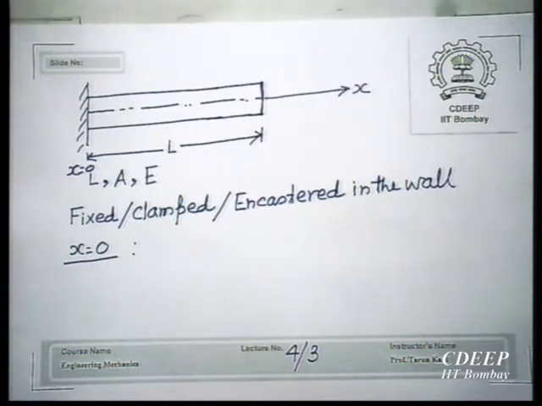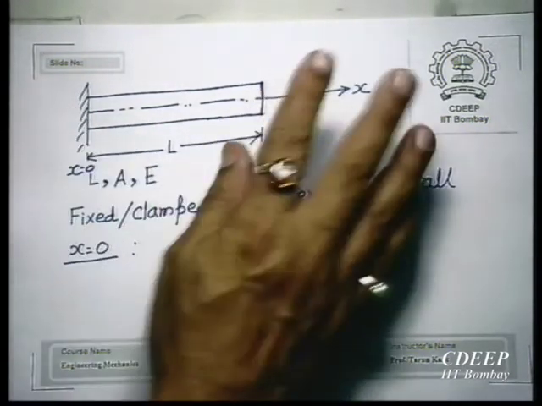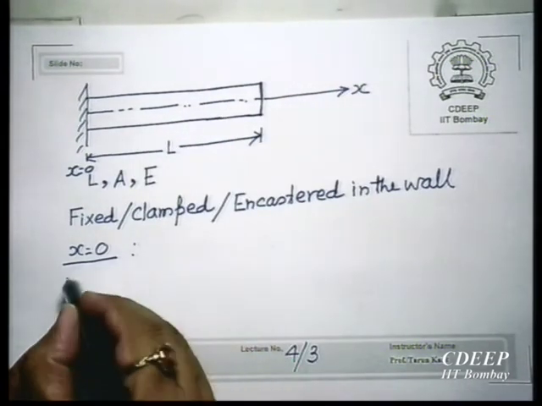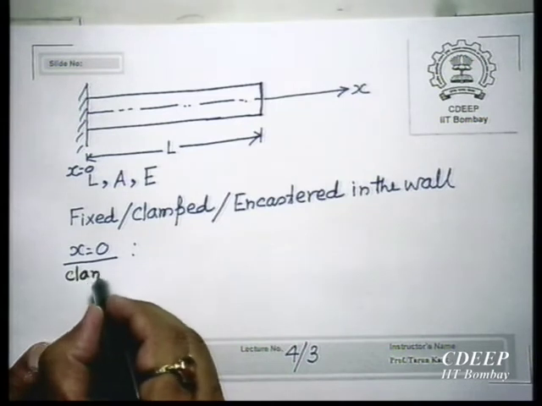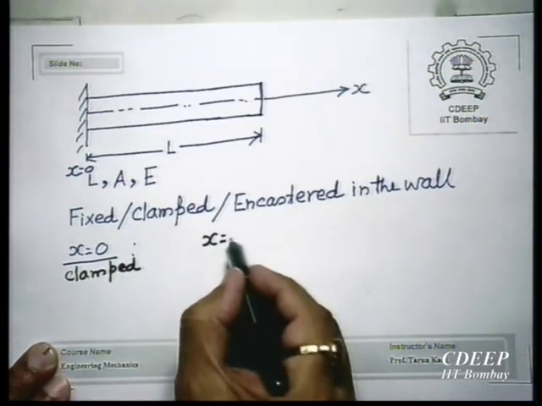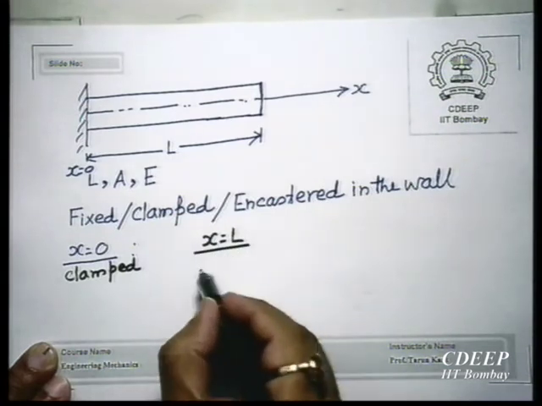You cannot apply the load before clamping, it has no meaning. You clamp it, then only you can apply the load. First you fix it, and then this can stay like this: x equal to 0 is clamped, and x equal to L is free.